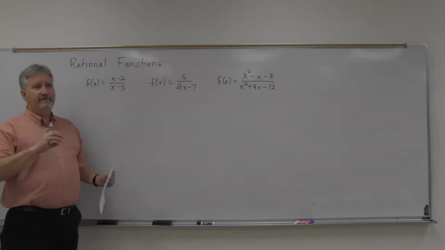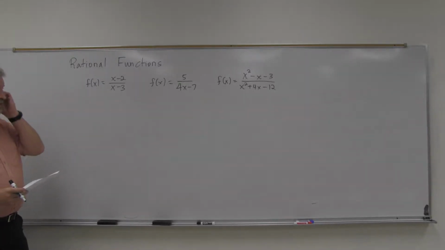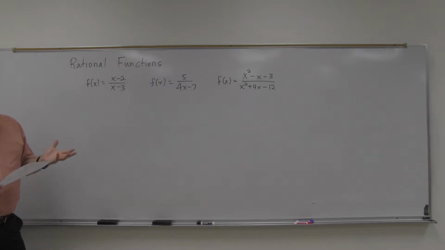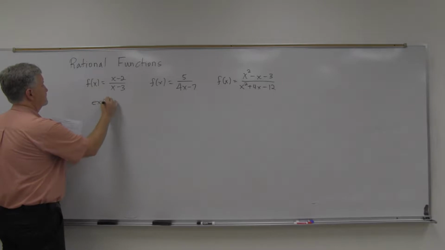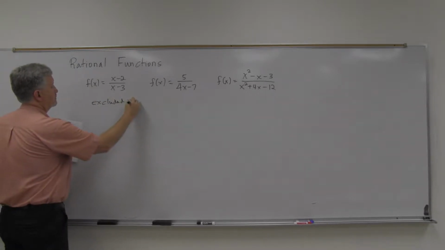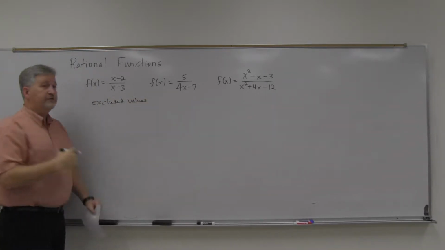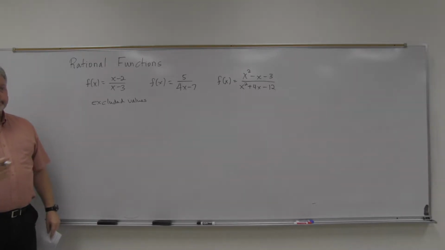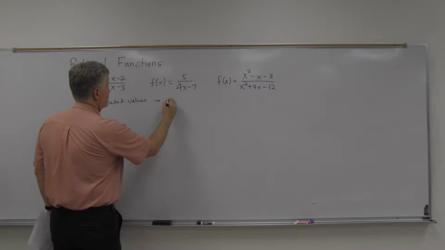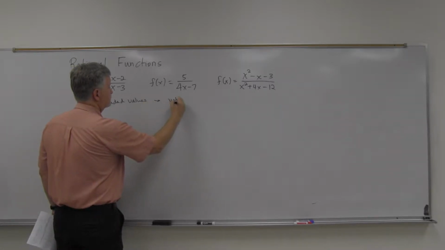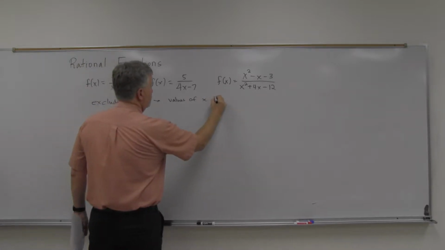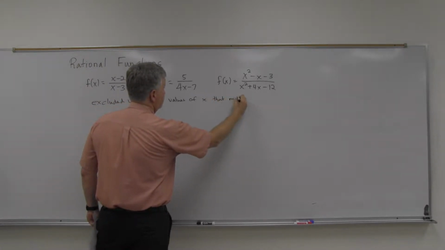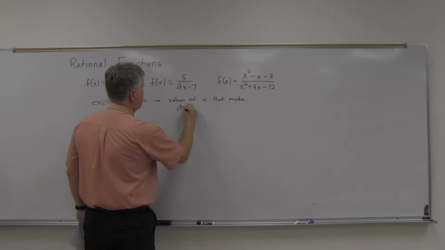So the first thing that I want us to note here are what I call excluded input values, excluded values. Because when you start dividing by a polynomial, we know that the denominator can't be 0. So excluded values here are values of x, the input value, that make the denominator equal 0.